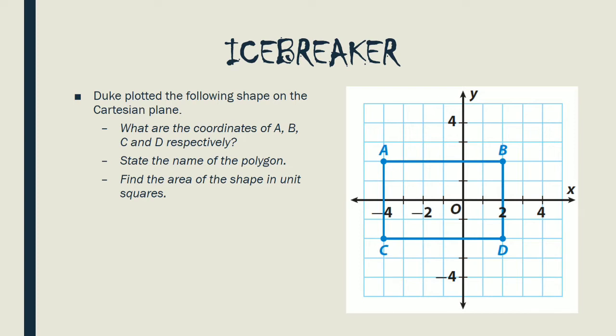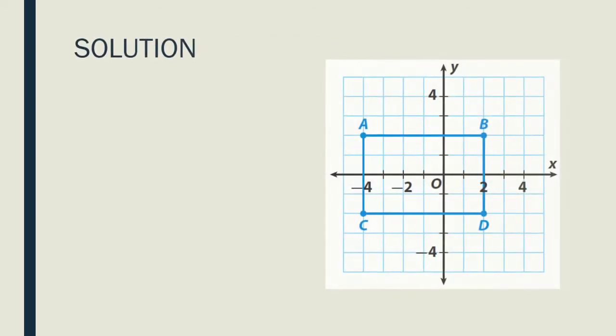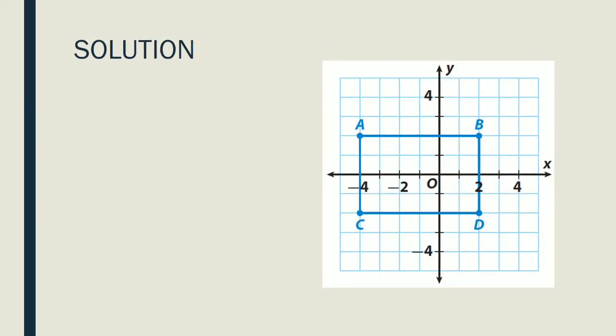Were you able to answer all the questions? Let's look at the answers and see how well you did. Before I reveal the answers for the first question, how do you identify the coordinates of points on a Cartesian plane? Very good. Just like the alphabet, where x comes before y, we always record the x coordinate first.